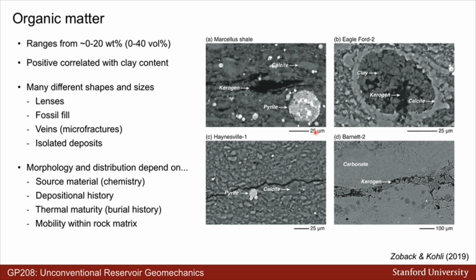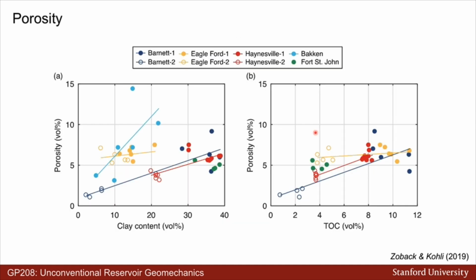Again, a lot of that is going to depend on both the permeability and porosity as well as the specific depositional history. And that's something we'll touch on a little bit more in a later lecture. The final component of the rock we need to talk about is actually the empty space inside the rock, the porosity.